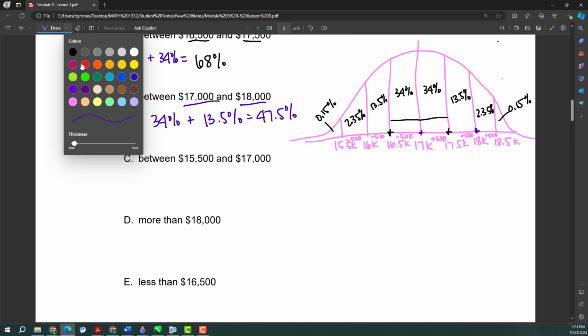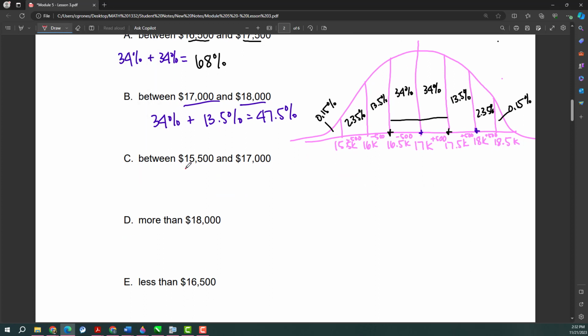On C, we have between 15.5 and 17,000. So 15.5 is right here, and then 17,000, we are going to add 2.35% plus 13.5% plus 34%. So we can add all of these together and you should come up with 49.85%.